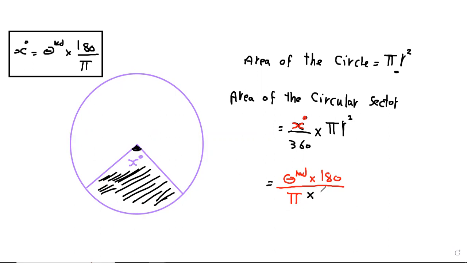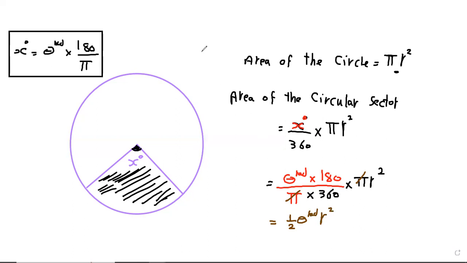And we write all the terms in this rule, which is 360 at the bottom, multiplied by pi r squared. Then we tidy it up by cancelling pi and pi, and 180 divided by 360 equals half. So we can write it as half theta radian r squared.